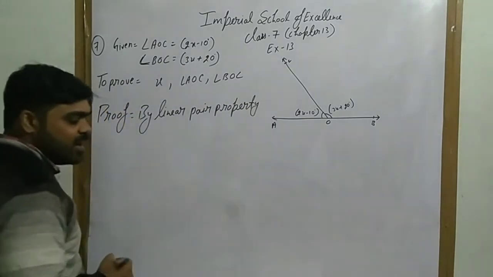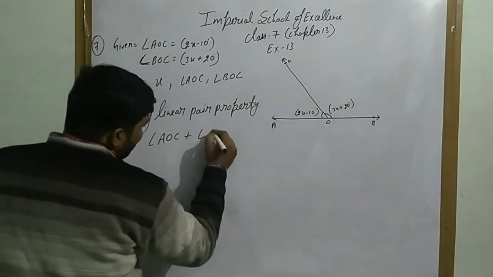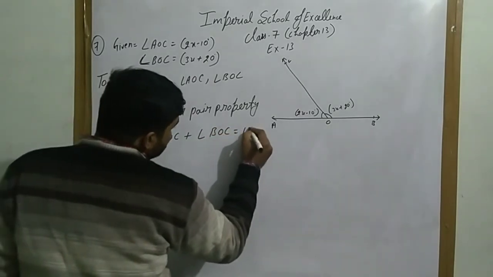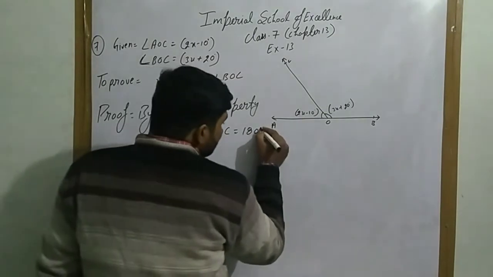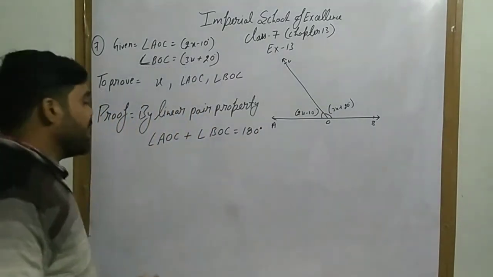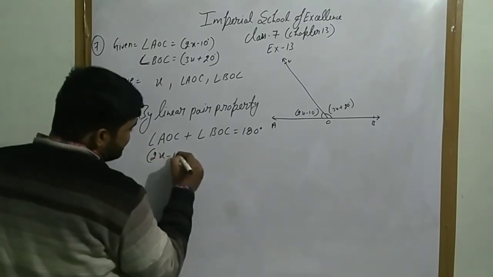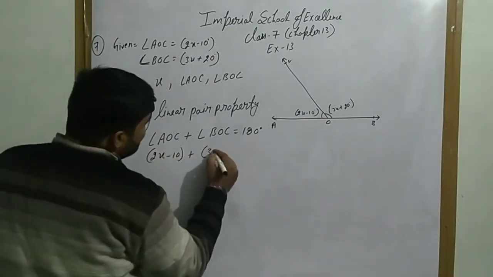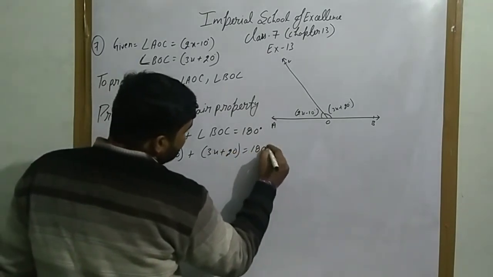By linear pair property, angle AOC plus angle BOC equals 180 degree. Sum of angles is 180 degree. AOC is given as 2x minus 10 plus 3x plus 20 equals 180 degree.